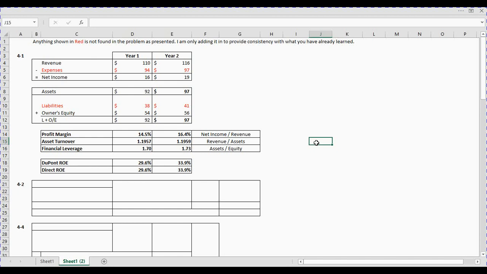If I'm an aggressive company that likes to use leverage and use debt as a way of generating assets, which should be income producing, then a higher number is better. But the reality is most companies will have a comfort zone where they don't want to be above that level and they don't necessarily want to be below that level.